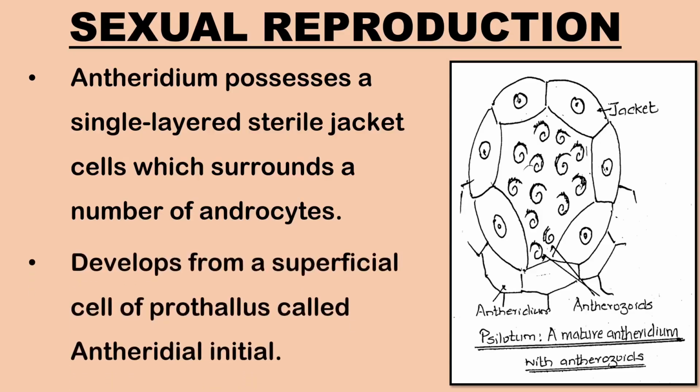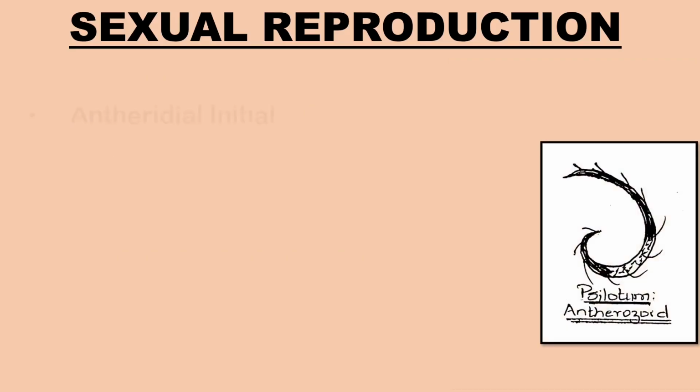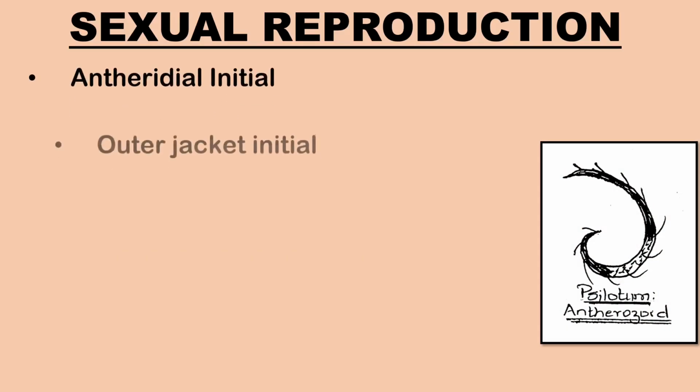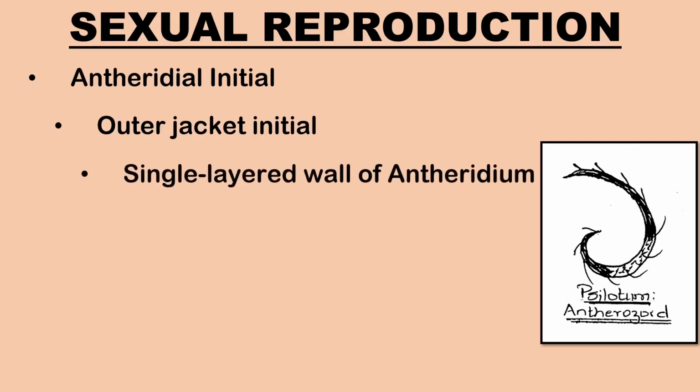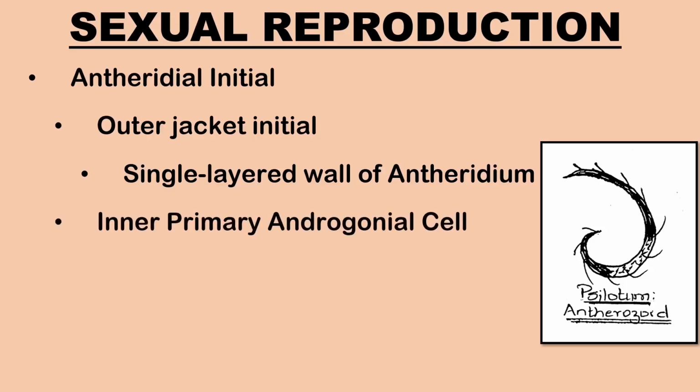It develops from a superficial cell of the prothallus called the antheridial initial. The antheridial initial divides and gives rise to an outer jacket initial, which later forms a single-layered wall of the antheridium, and an inner primary androgonial cell which divides to form a mass of androgonial cells.